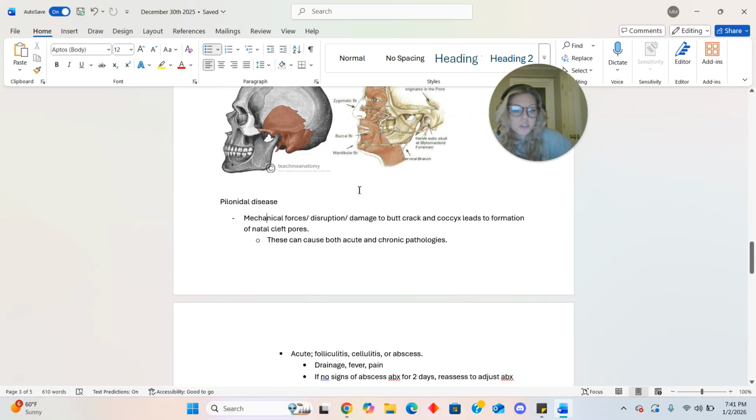Mechanical forces, disruption, and damage to our butt crack and our coccyx will lead to formation of natal cleft pores. It's basically ripping out all this hair. There's going to be debris that goes in it, friction. And people at risk of developing this are males, people already with sebum blocking disorders, and then natal dimple girlies and boys.